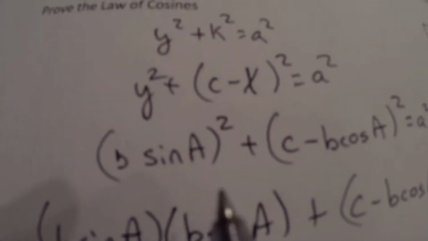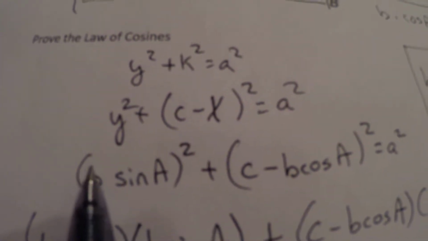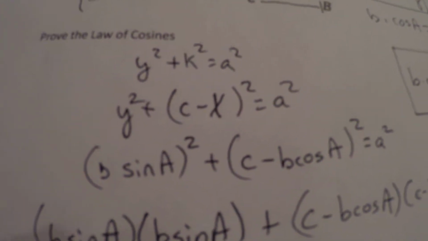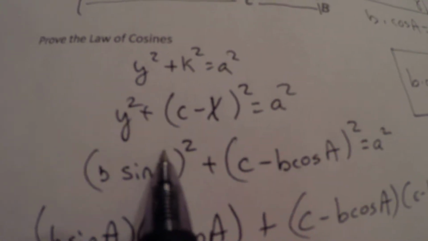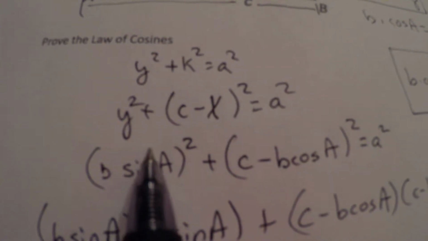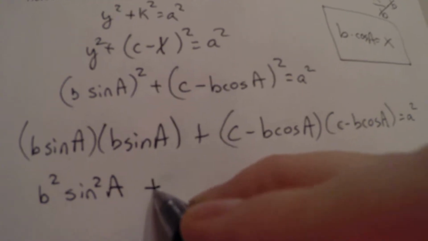Also, you didn't have to do this if you didn't want to. I'm just trying to make it as clear as possible. You could have just written b squared sine squared a. We said the rule when you raise a power to a power is you multiply. Technically you have a little one here and a little one here, so 2 times 1 is 2, and 1 times 2 again is 2. Hopefully that's clear. Moving on.